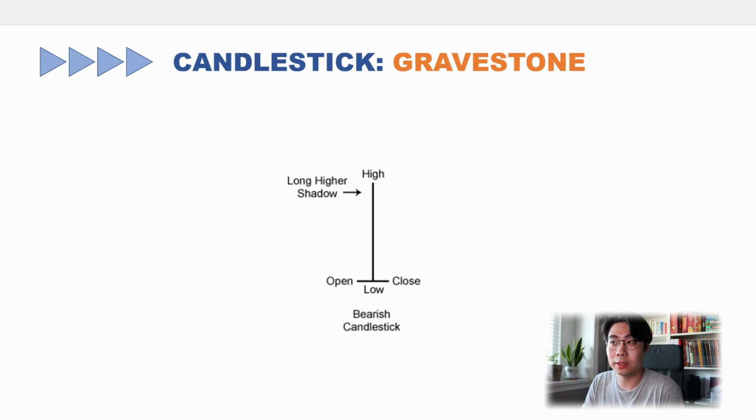All right, let's continue to talk about a few more patterns. The first one that we're going to continue to talk about is Gravestone. As you can see in the Gravestone, the opening price and the closing price are almost exactly the same, and there is a huge amount of buyers at a certain point. However, the buyers actually got pushed back down because they did not win, they did not close at the higher price.